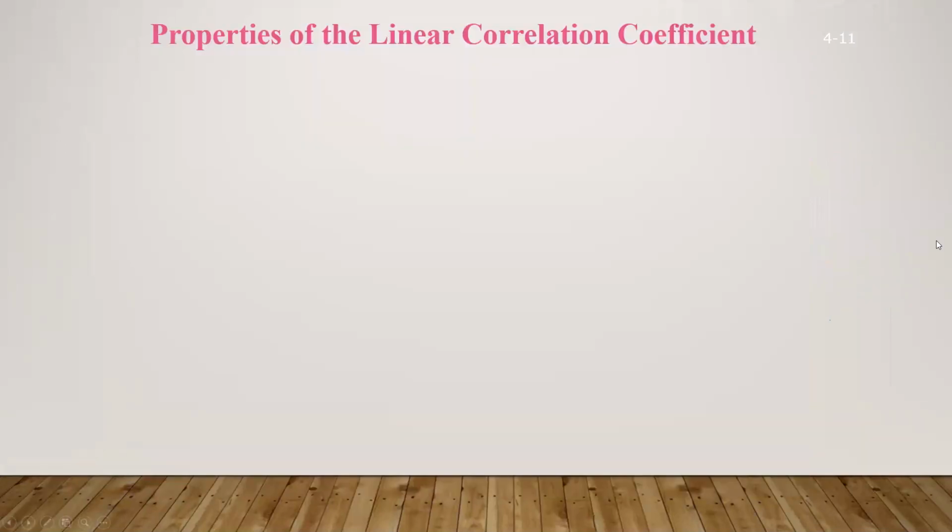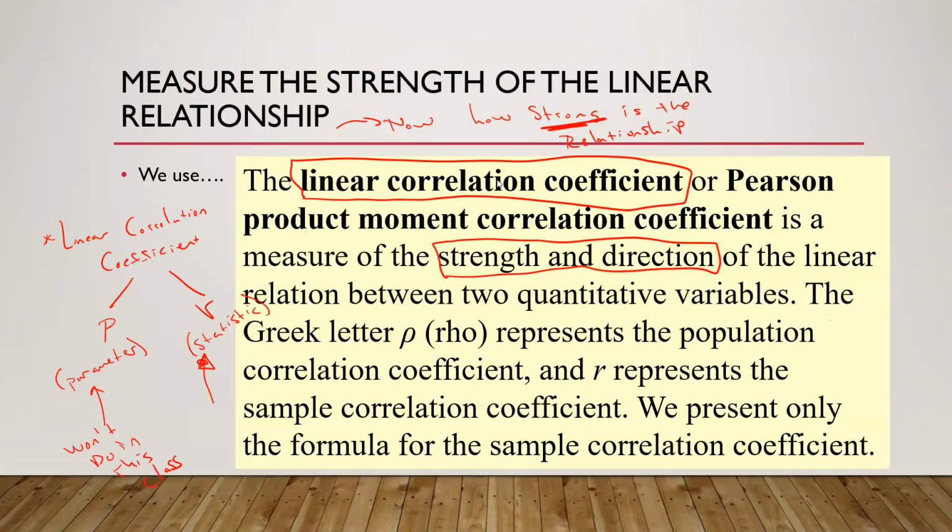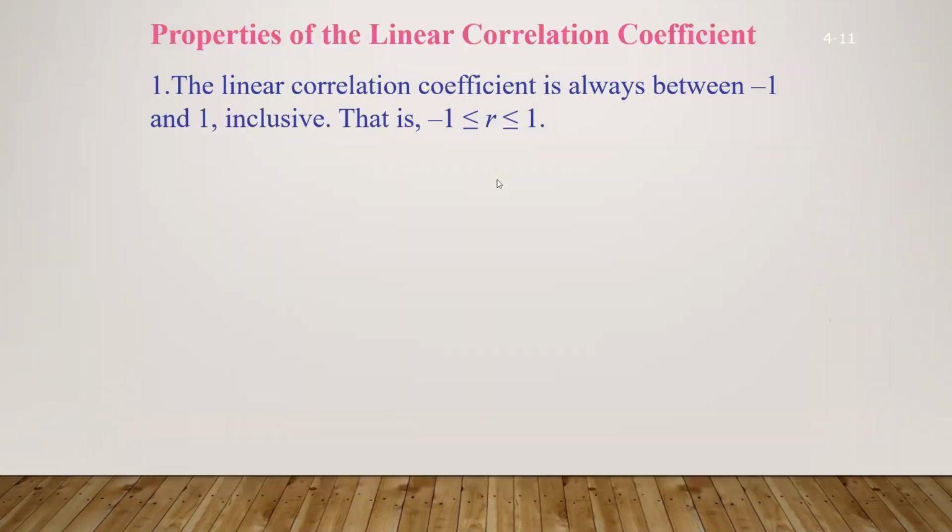Before we show you how to use the calculator for this, let me give you the main properties of this linear correlation coefficient R. The first is that the linear correlation coefficient is always between -1 and 1 inclusive.